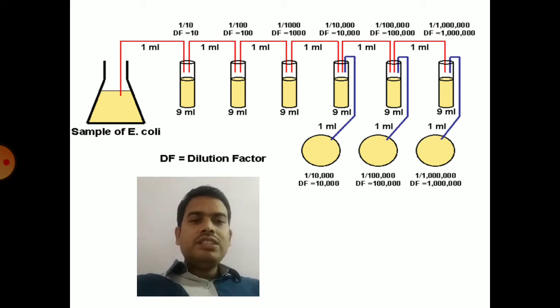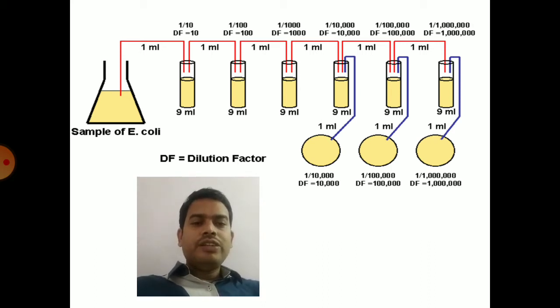Now each tube can be used for inoculation, for isolation of your bacteria. You will select a serial dilution from the above tubes, and after incubation of the petri dishes, you get pure isolated colonies. So how do we get these pure isolated colonies from the serially diluted samples? We have different dilutions, 1:10, 1:100, 1:1000, 10,000, 1 lakh, 10 lakhs.